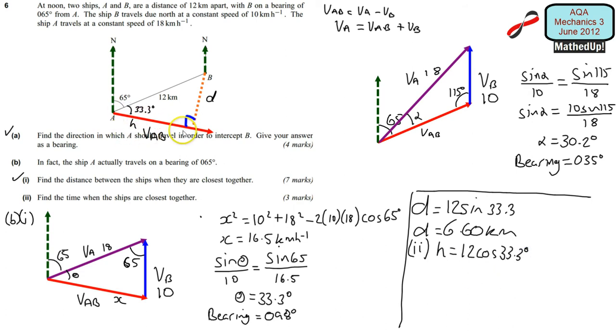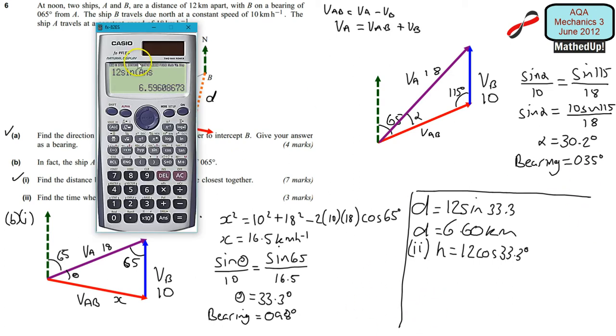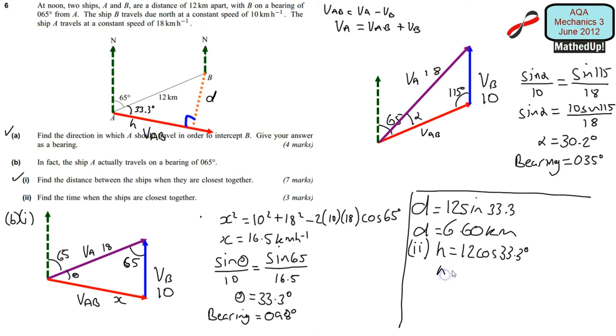Okay, so let's work that out first. So 12 cos 33.3, I'm not going to carry my error forward this time, so I'm just going to put in 12 cos 33.3, and we've got 10.03, so I'm going to say h is 10.0 kilometers.